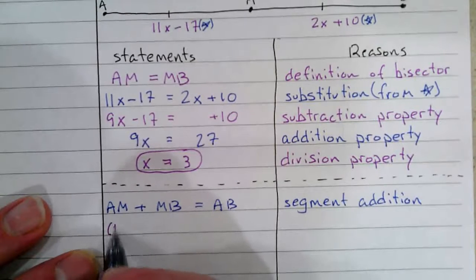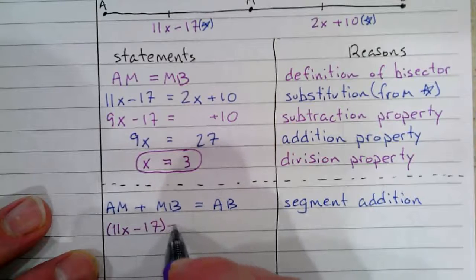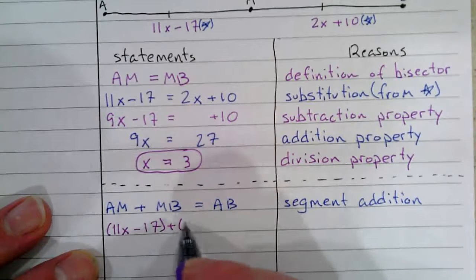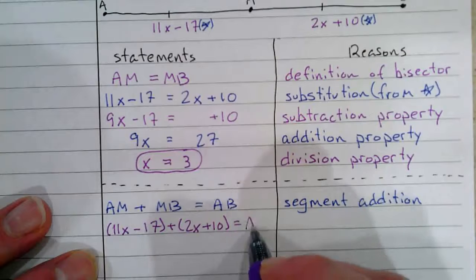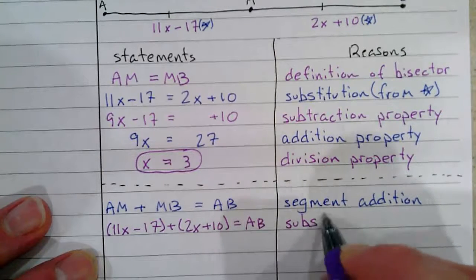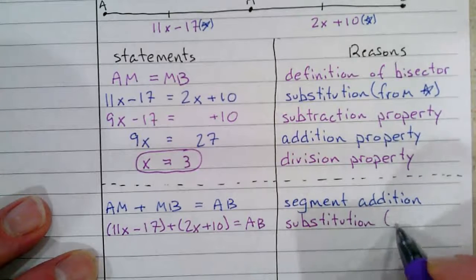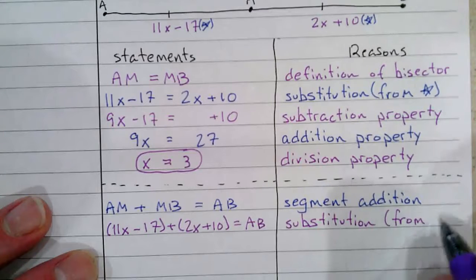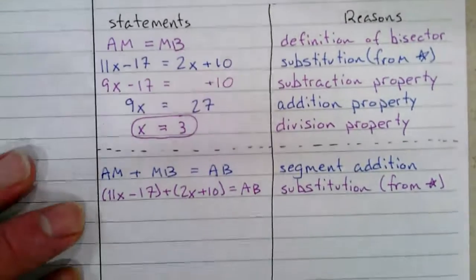We have 11x minus 17 plus 2x plus 10 equals AB, and that's again substitution from our star up there, the same place we substituted from before.